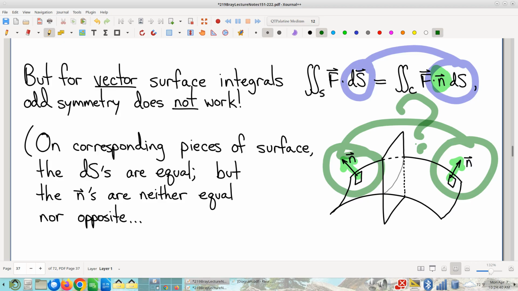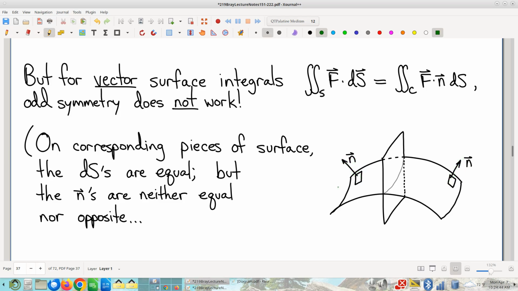So if you're just keeping track of minus signs and cancellations, we're kind of out of luck on this. Now, quick side note: there is a different kind of symmetry theorem for vector surface integrals. It's more trouble than it's worth. By the way, there are various different symmetry theorems that can be stated, perfectly valid theorems, that I'm not showing you because they're more trouble than they're worth.